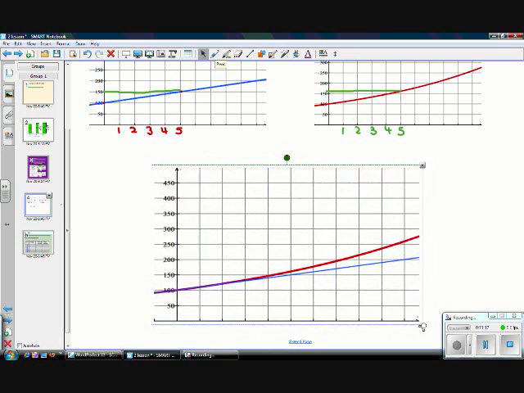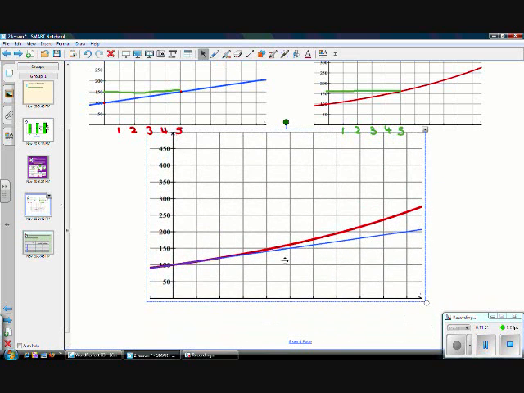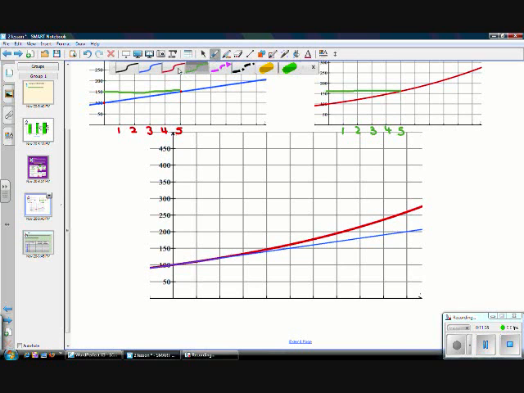And here it is. You can see that over time, eventually, not necessarily right at the beginning, they're pretty close right at the beginning, but eventually that red line is growing faster. And as time goes on, it keeps on growing faster. And this blue one just keeps going the same speed.